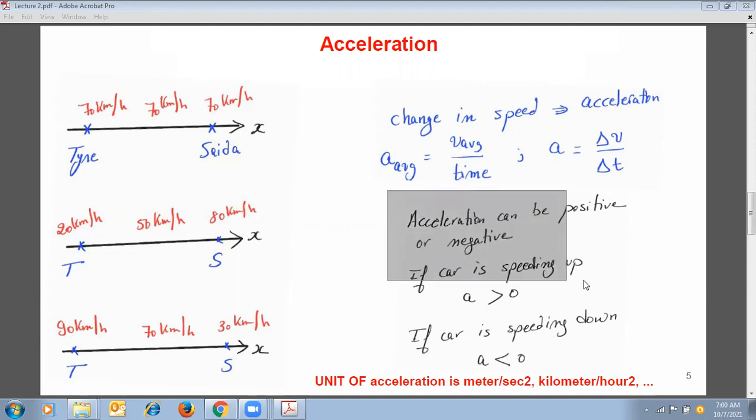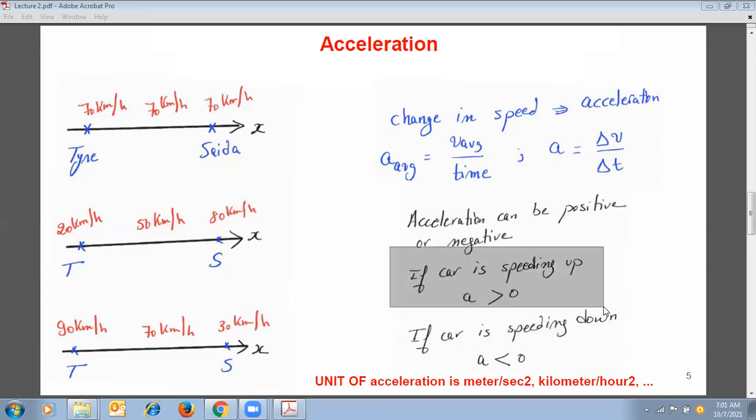Now, acceleration can be positive or negative, just like velocity can be positive or negative, depending if we're going in the x direction or the minus x direction. Displacement can be positive or negative. Look at examples we mentioned yesterday. Also, acceleration can be positive or negative. If the car is speeding up, then acceleration is positive.